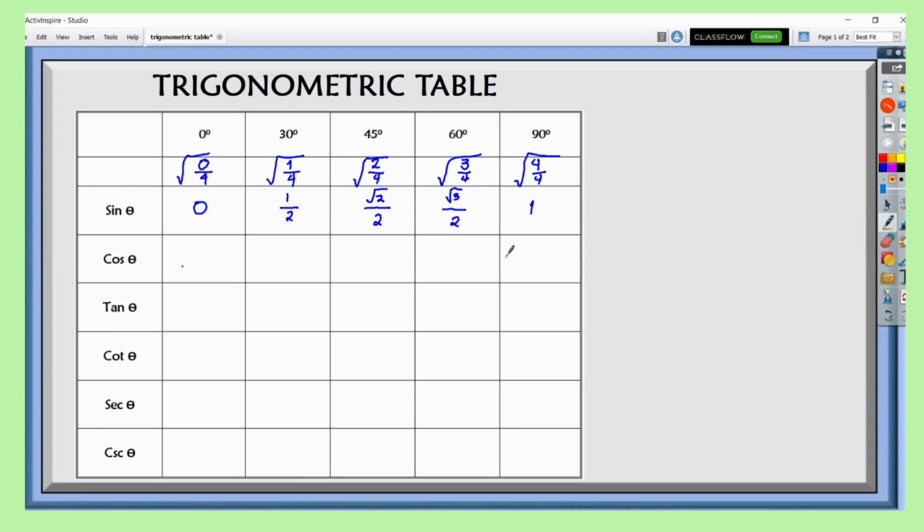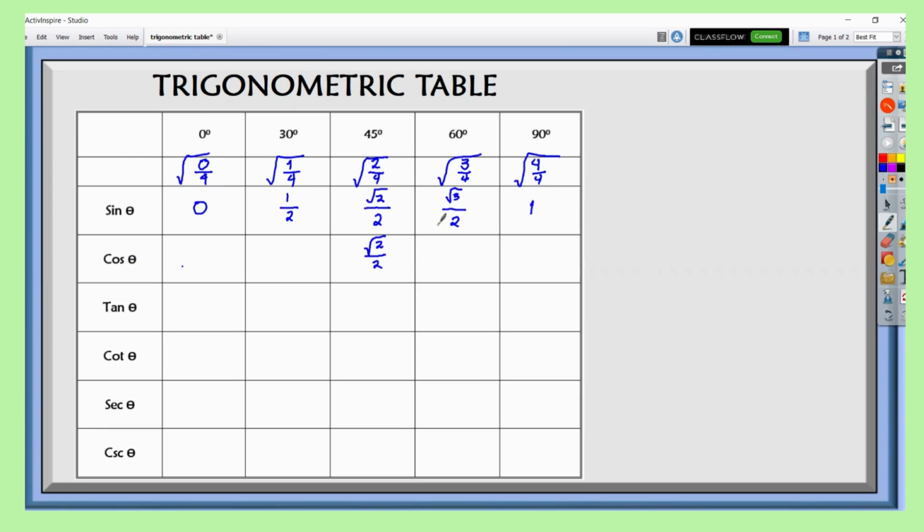Let's move on to cosine theta. In determining the value of cosine 0 degrees, we will just use the values of sine theta. We will flip the answers except for sine 45 degrees. We'll just copy square root of 2 over 2. And then flip now the answer.